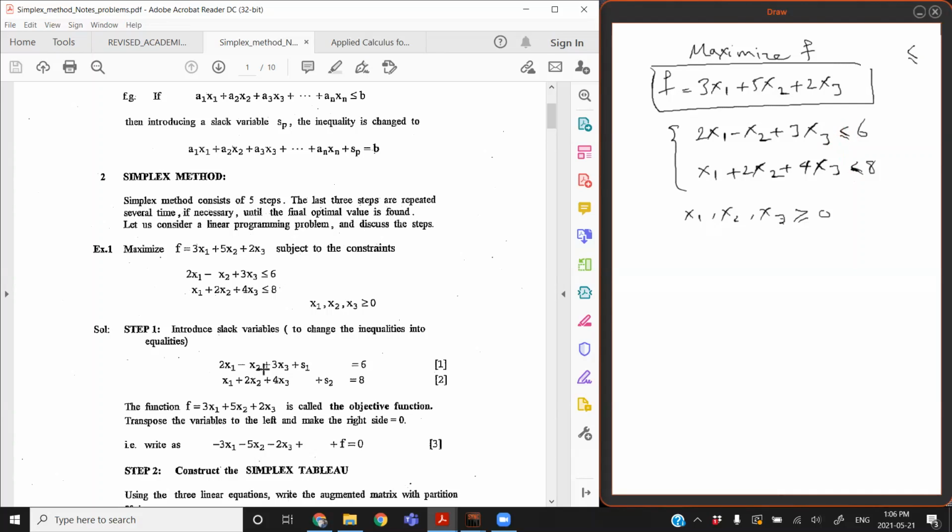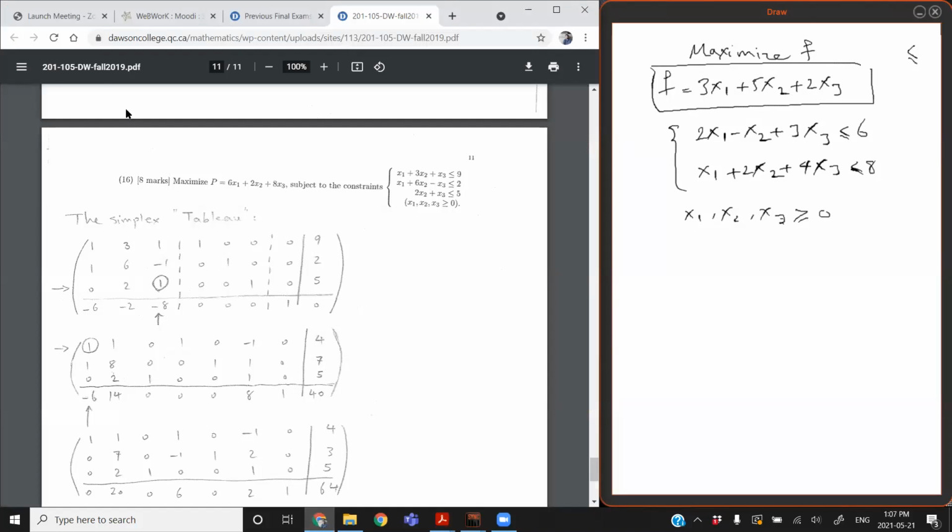And the third thing is that the constant that you have after less than or equal to is a positive number. So if any of these three conditions are not met, then the problem will not be in a standard form. You don't need to worry about whether the problem is in a standard form or not for the final exam. So I can give you an example of the final exam for fall 2019.